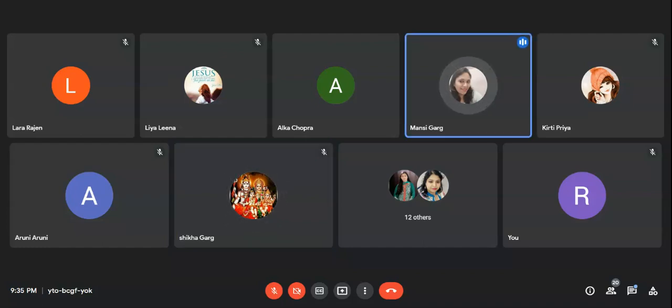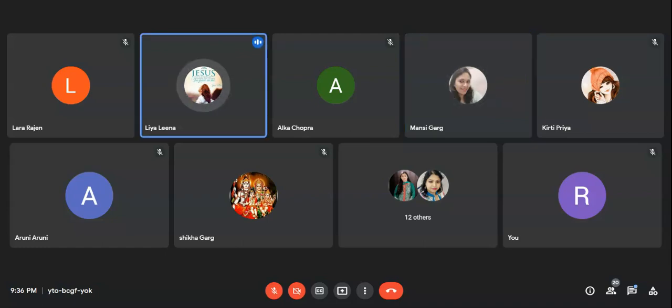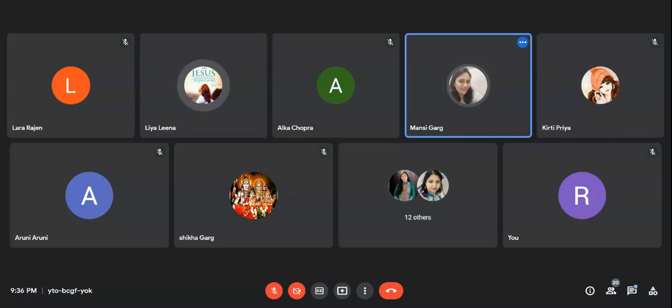Ma'am, I also want to add, I think there are 94 letters in total. Out of that, 51 letters are from Celie to God, and then there are a few letters from Nettie to Celie, and then Celie to Nettie. So there are three ways in which letters are presented. Correct. There are 94 letters in the novel, 51 to God, yes.